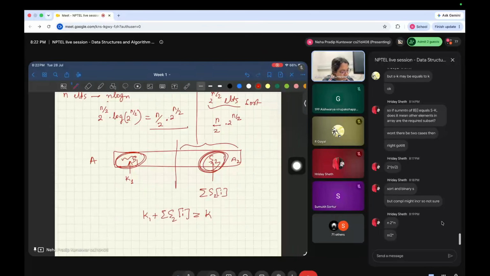Then you will say that S1 union S2 is a subset of A whose sum is equal to k. By this I mean the element sum. Okay, so is this fine?